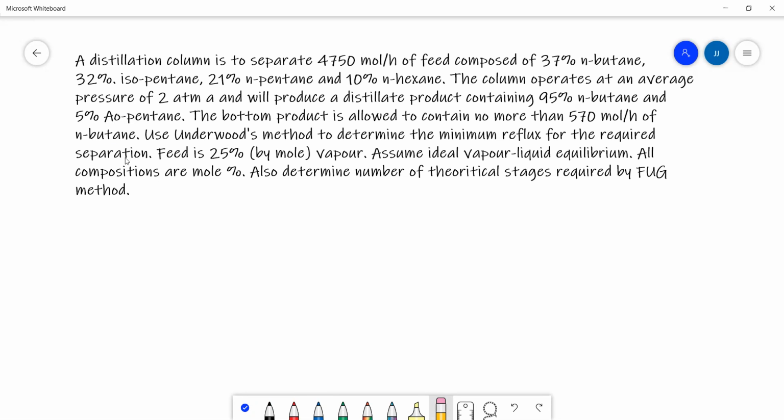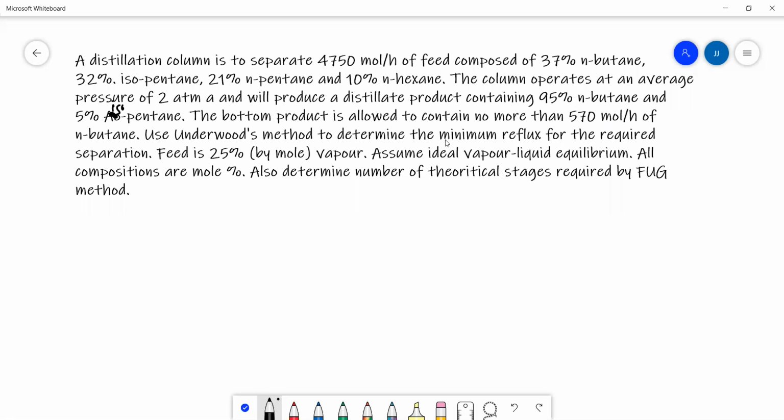Let me write directly, isopentane. And the bottom product is allowed to contain not more than 570 moles per hour of n-butane. Use Underwood's method to determine the minimum reflux ratio required for separation.